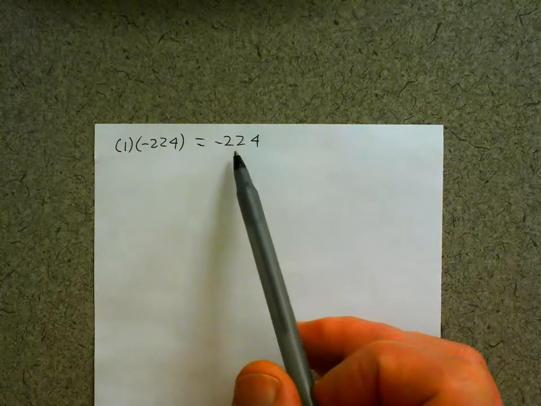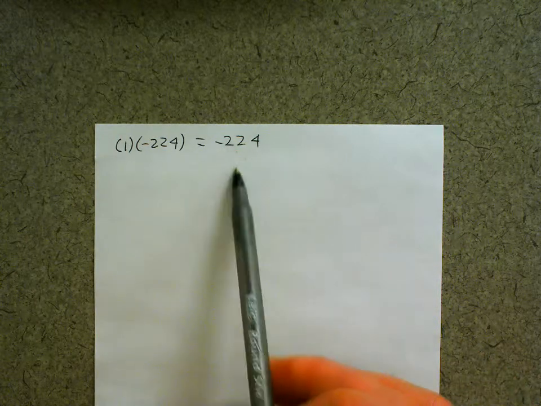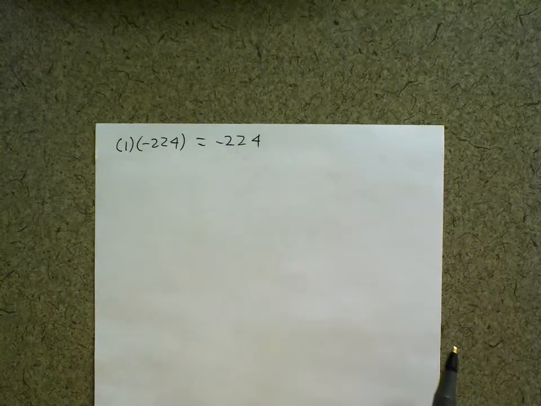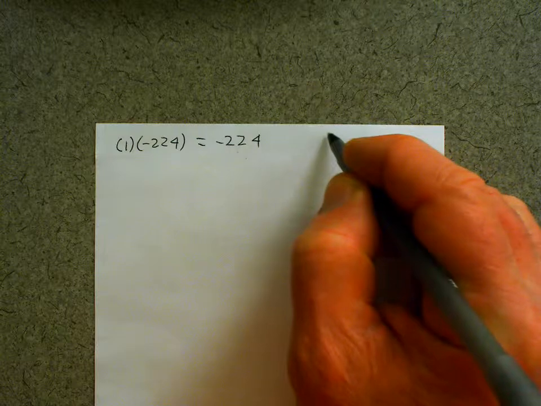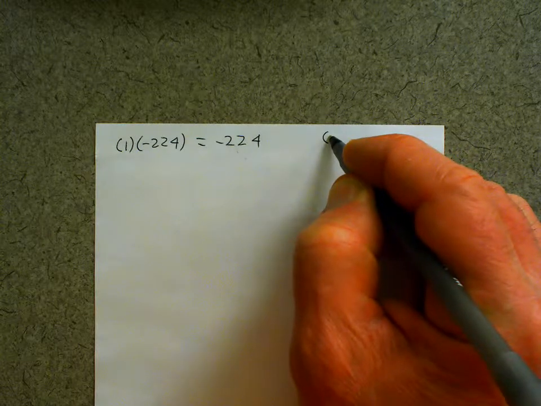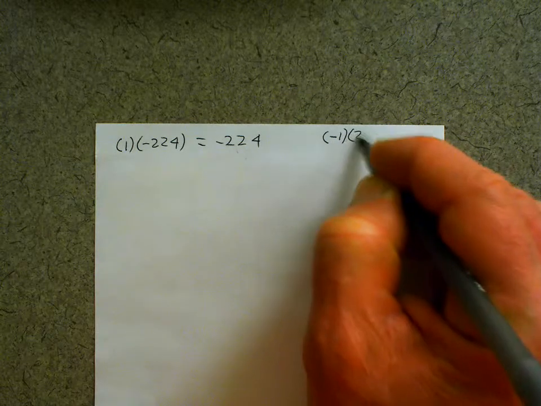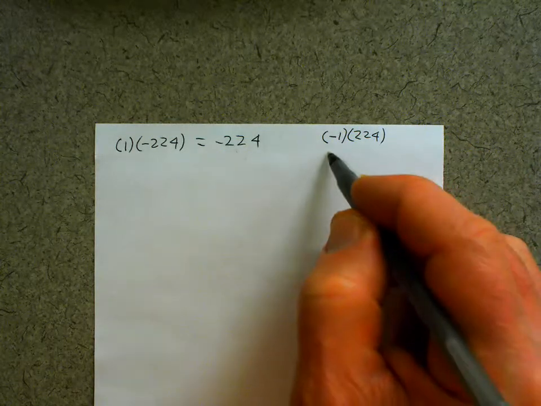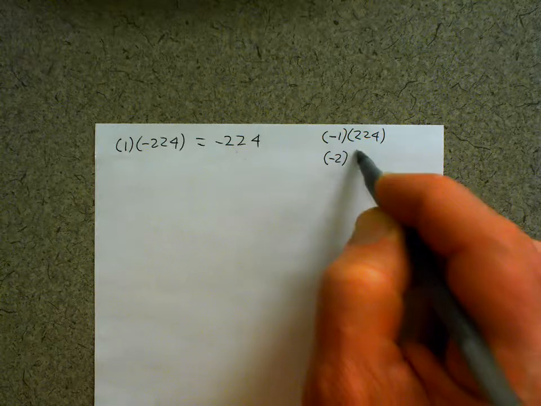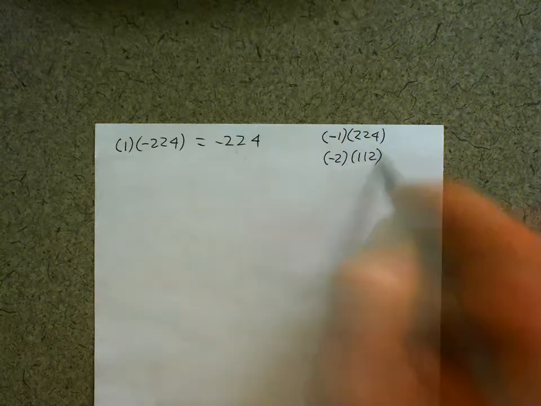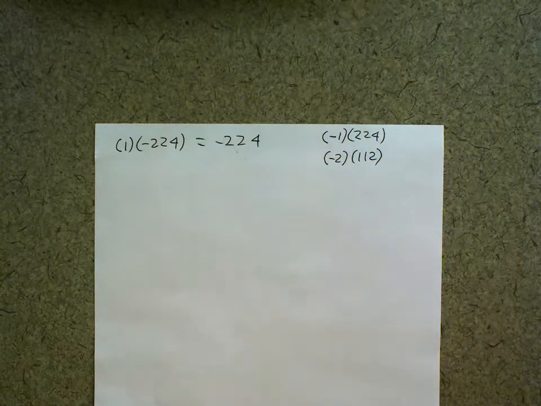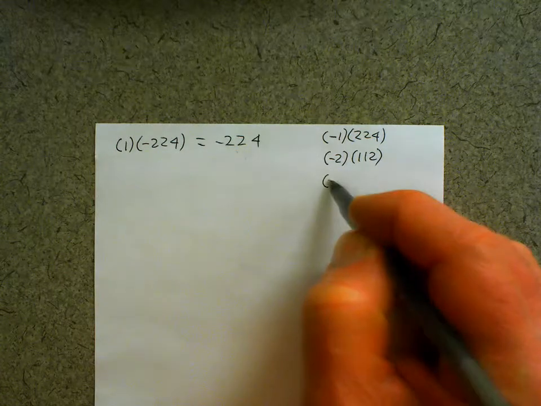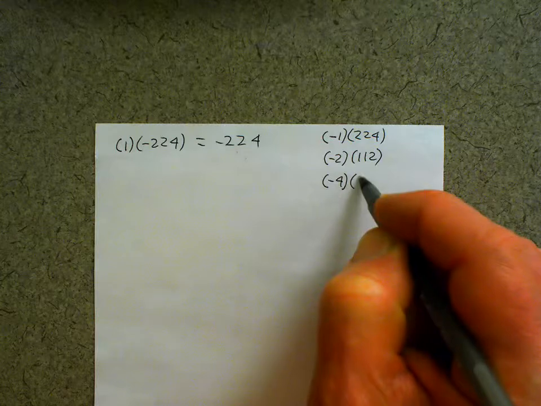If the sum is positive 2, then the one with the largest absolute value is positive. In our systematic approach, then, we write at the extremes negative 1 times positive 224. The next pair is negative 2 times 112. Negative 3 is not a factor, but negative 4 is a factor. Negative 4 times 56.